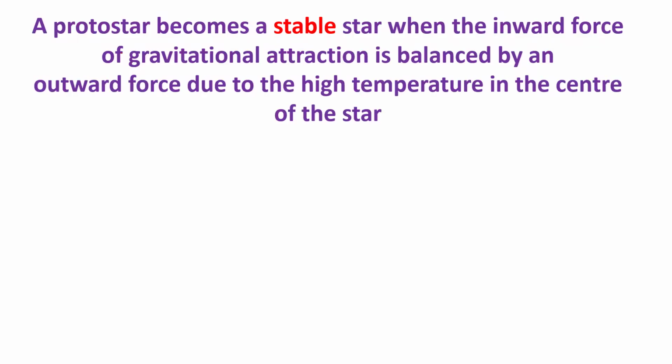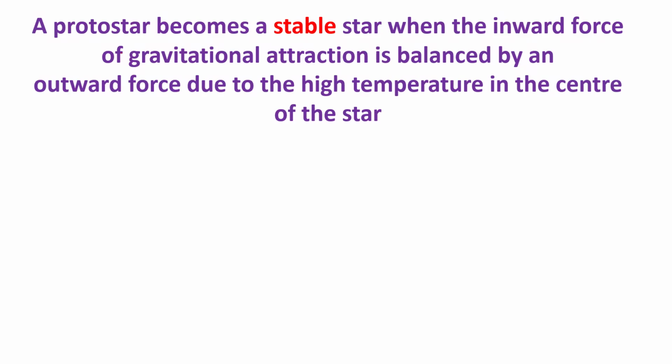Now, the protostar becomes a stable star when the inward force, one force pulling in and the other force pulling outward, are balanced. The gravitational attraction is balanced by an outward force due to the high temperature in the center.